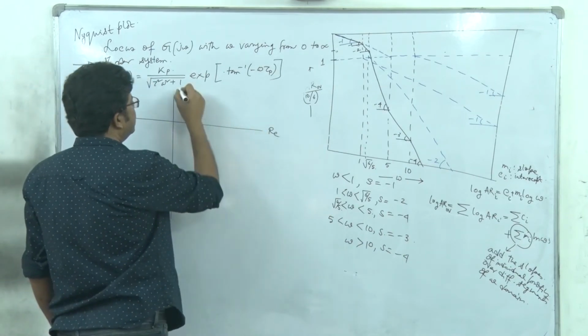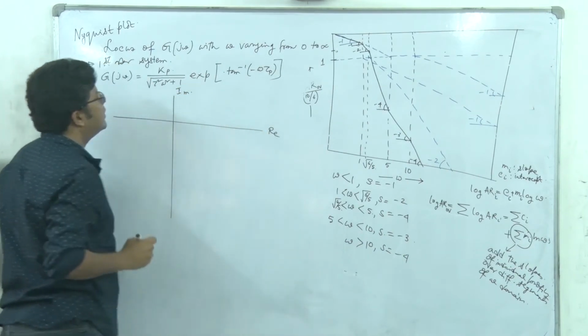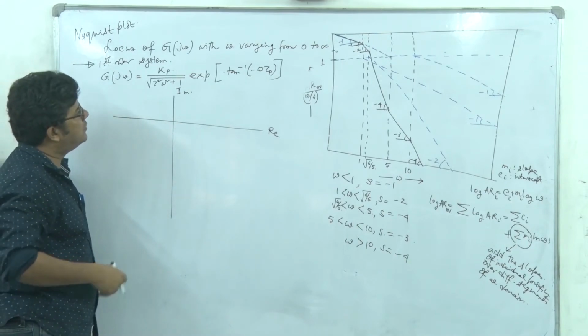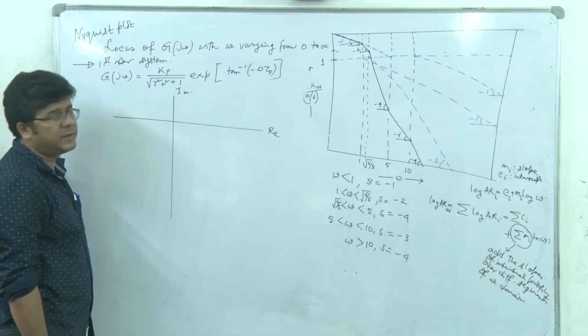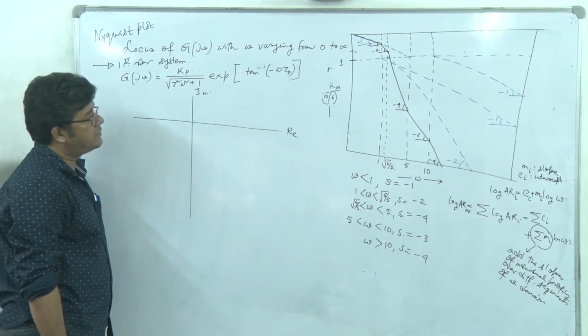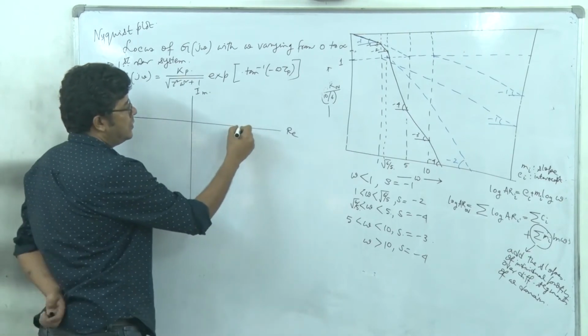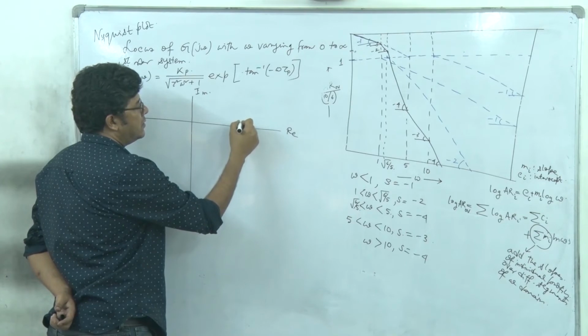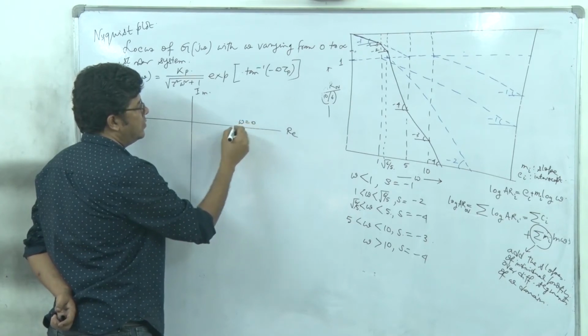So this is the real axis, this is the imaginary axis. Now we have already got the idea that at omega equal to 0, the amplitude ratio is equal to Kp and phase shift equal to 0. So this will be omega equal to 0, right?